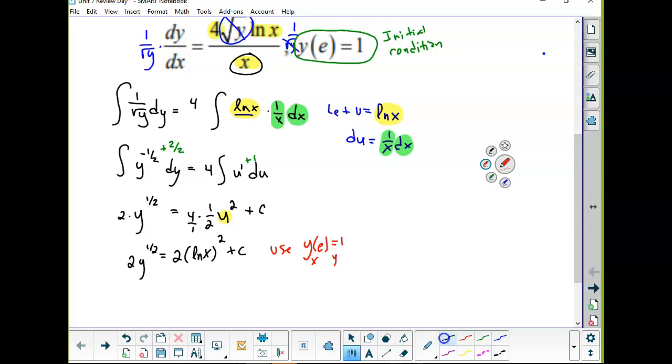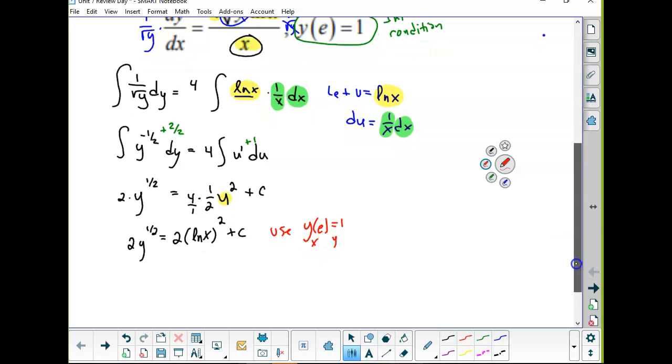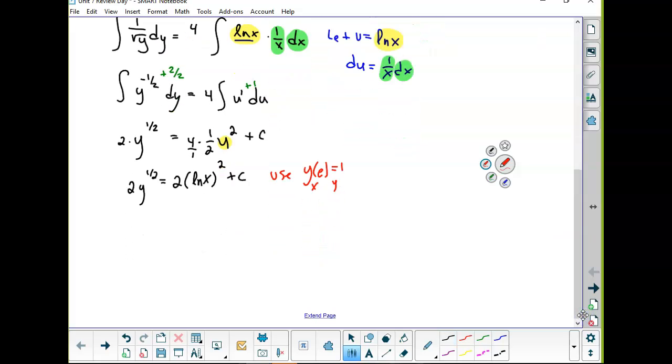Right, so we're going to plug in e and 1 into x and y. And then we can do some simplifying and find the value of c pretty quickly.